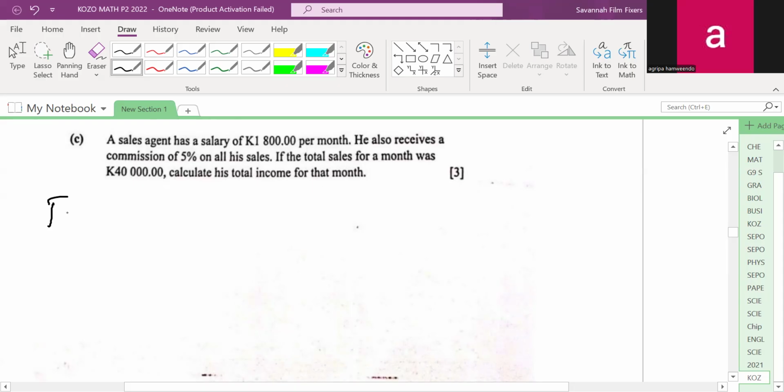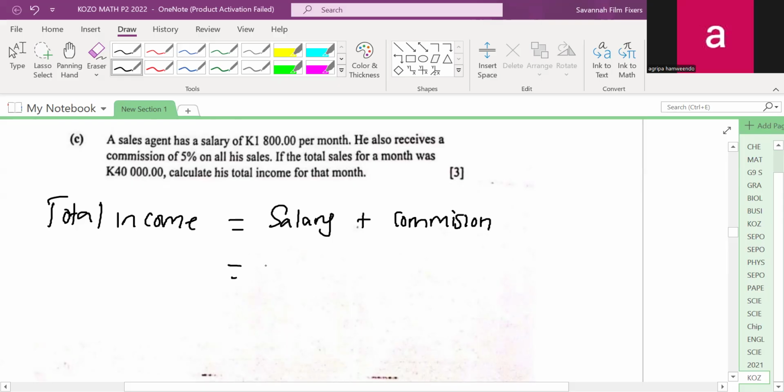So his total income will be his salary plus commission. We can see his salary is 1,800 kwacha plus commission for his total sales.